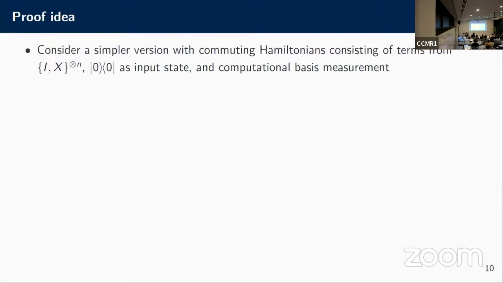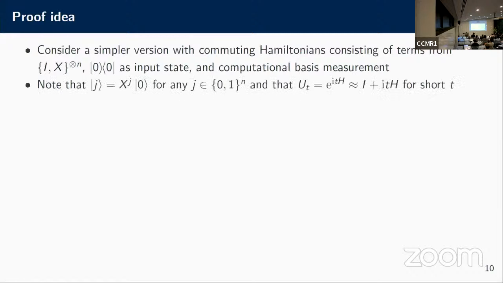So if you take 0 as the input state and a computational basis measurement, we don't have to use the full algorithm. We notice that if you look at a string of X's, where j is a vector, then you can prepare state j by just applying X to 0. And if you have short time, then you can approximate the exponential by the linear term.